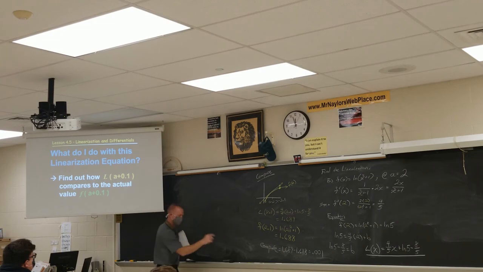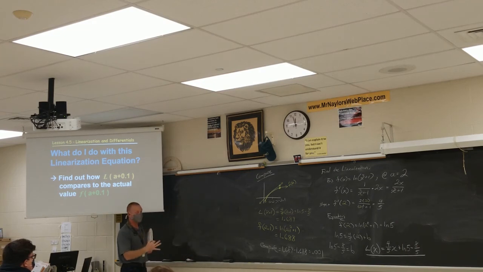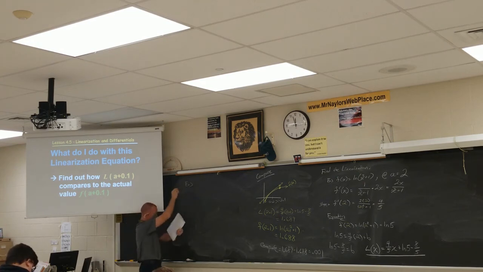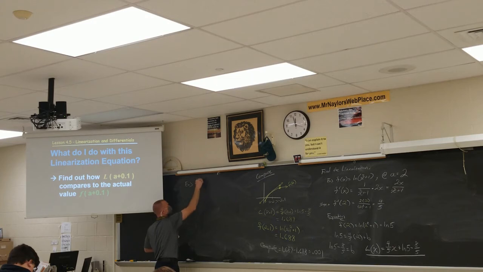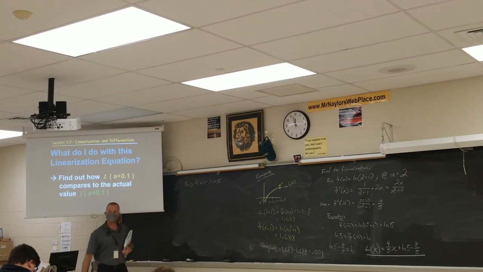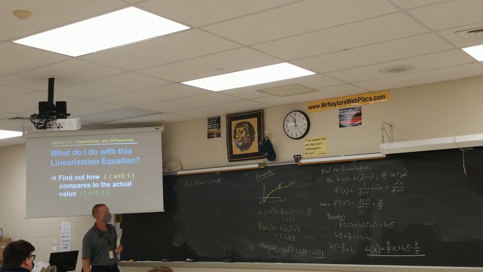All right, try one. When I say try one, you're going to find the linearization, and then you're going to do a little comparing and find out if you feel good about it. Plus, let me mix things up with a trig function.